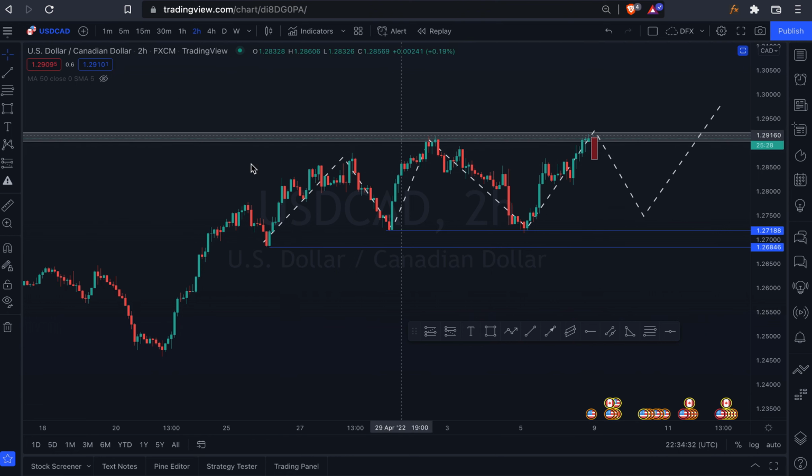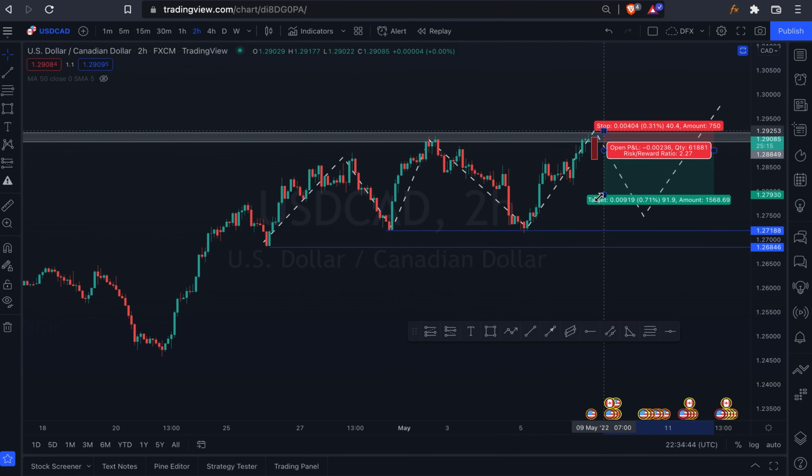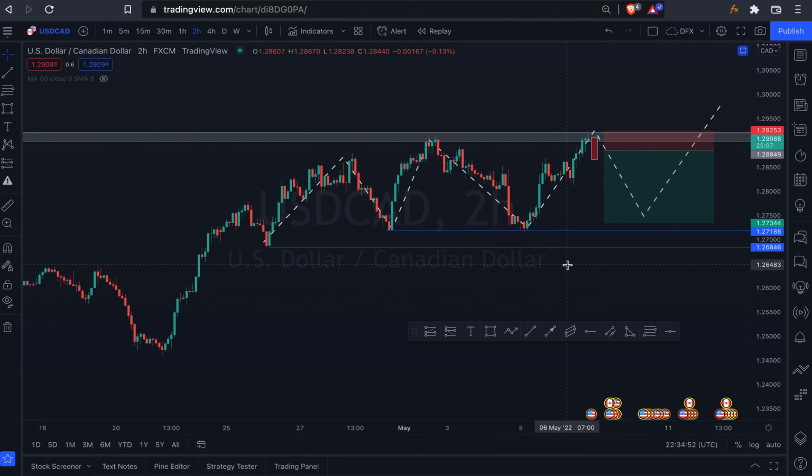Then I'll be looking for shorts here. Halfway candle. My stop loss is gonna be on top of it, and I'm looking for price to hit the lower low from here, 1.63. So this is my indication on USD/CAD.